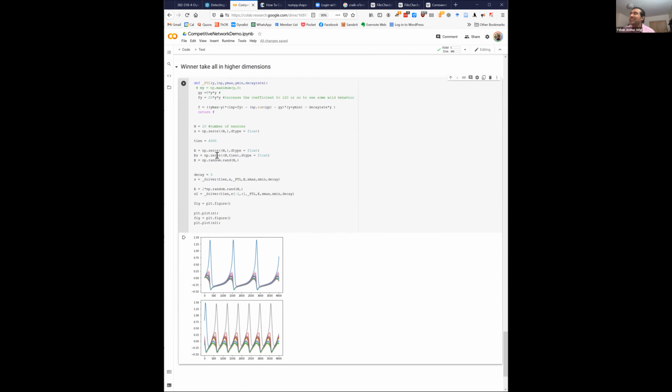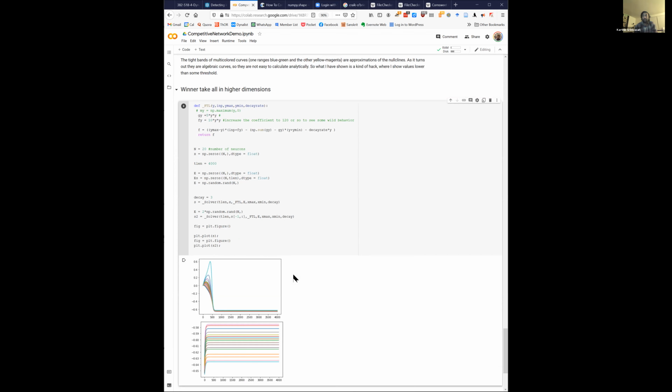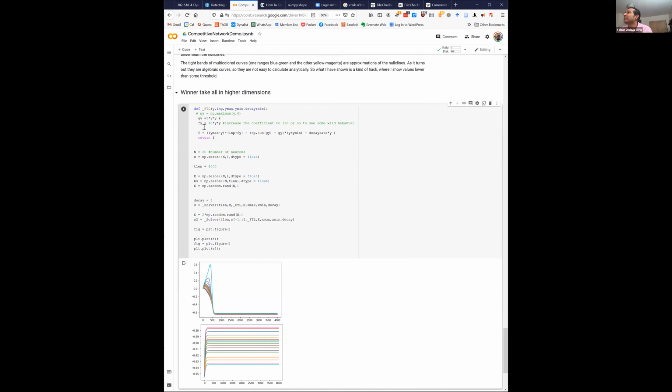This thing really wants to oscillate. Oh right, if I reduce this. That's because of the very high Fy. Yes. Sometimes it does weird things, but I think it's that square term now.